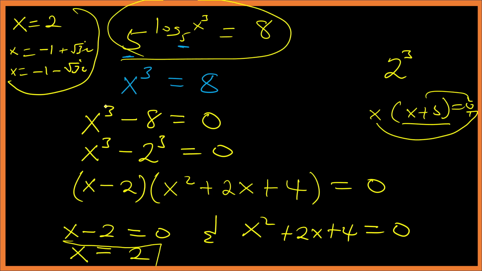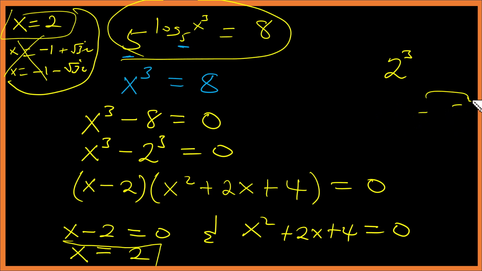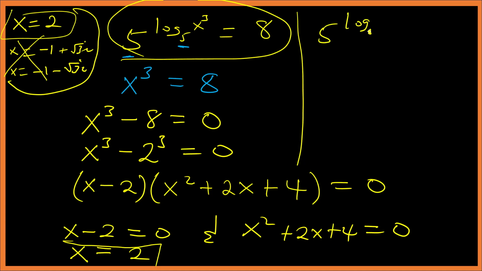Okay, but the only real solution is when x equals 2. All right, so let's verify if our answer is correct. So we have 5 raised to log x cubed equals 8, and x is 2.